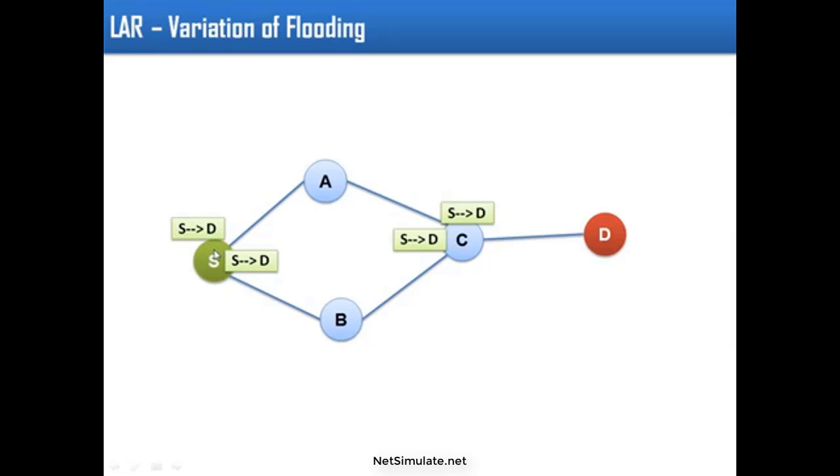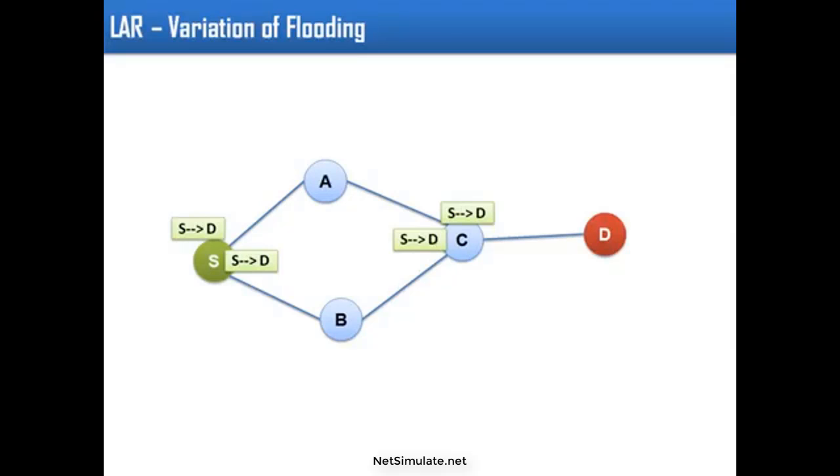So if a node sent a route request message earlier, in that case that node will not broadcast this packet again. And how would these nodes know whether the received request packets were already sent by the same node or not?